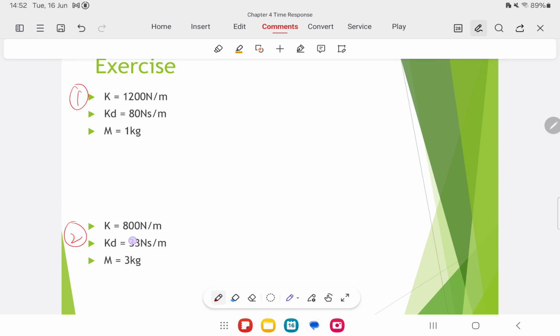Yang kedua ni saya nak minta tukar 33 jadikan 98. Okay, cuba buat. Get me the, benda buat yang sama macam tadi. Get me the natural frequency and damping ratio. Ni pun sama, natural frequency and damping ratio juga.